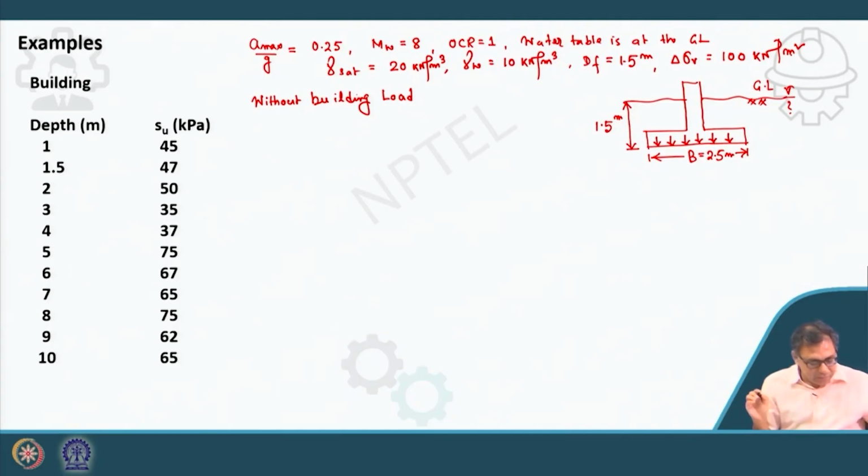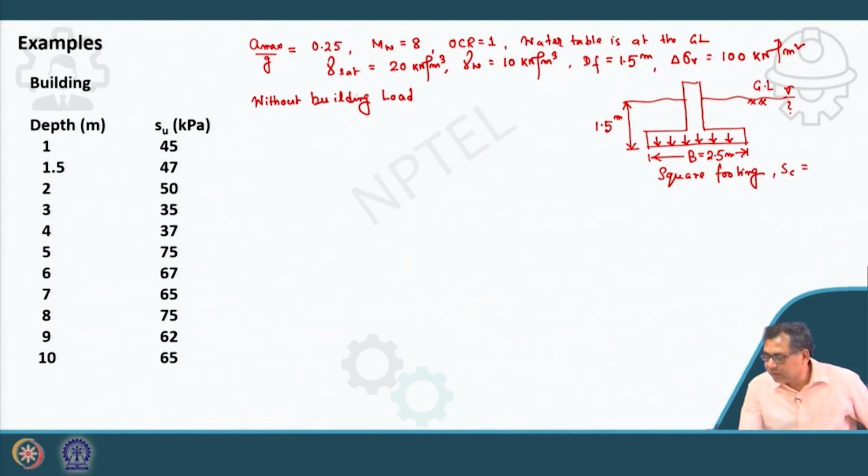For a square footing, you know SC is 1.2, that is the shape factor.